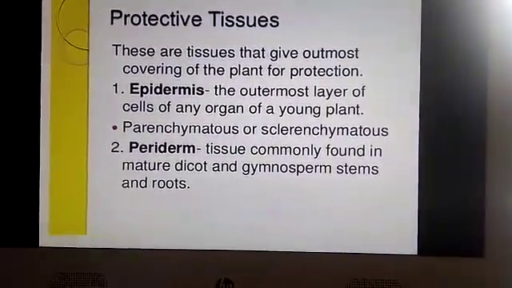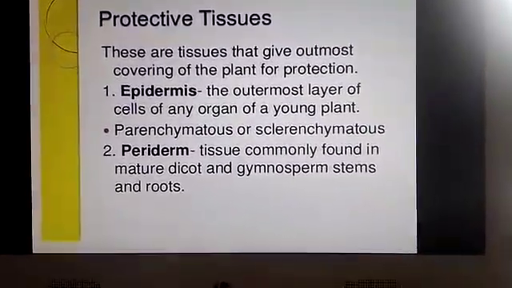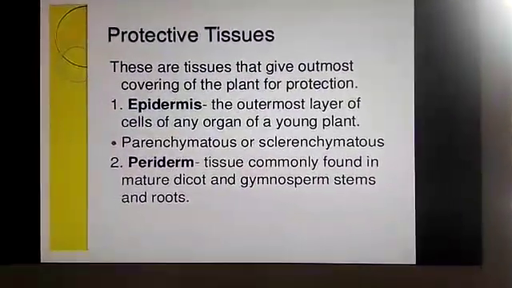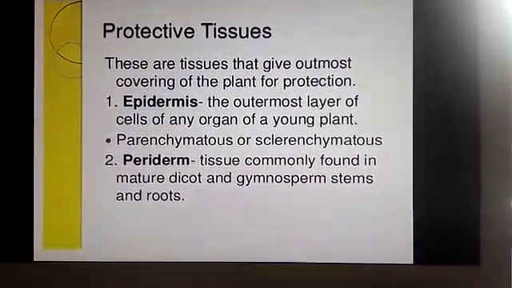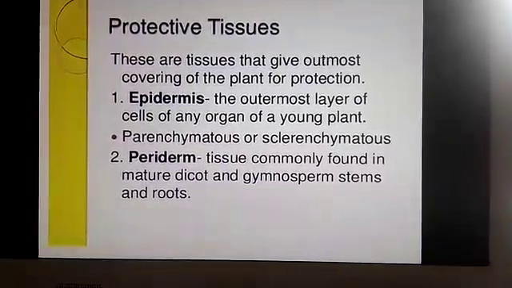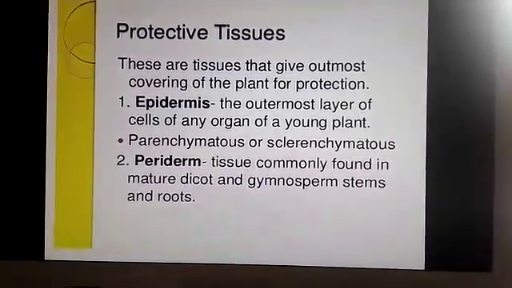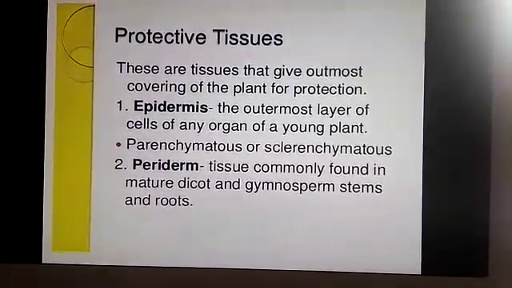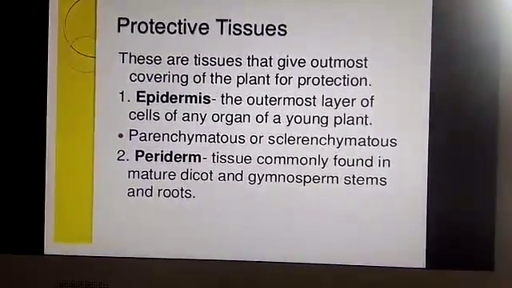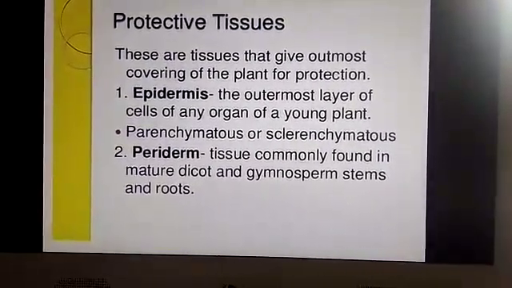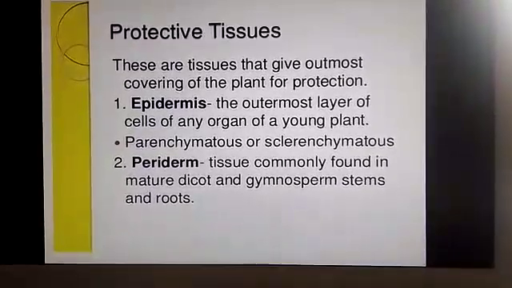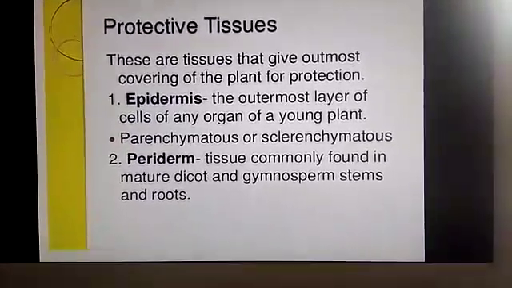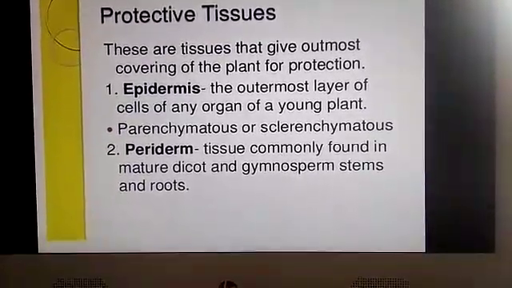Now we are coming to the protective tissue. These are the tissues that give the outermost covering of the plant for protection. That is epidermis and periderm. Epidermis is the outermost layer of the cells of any organ of a young plant.